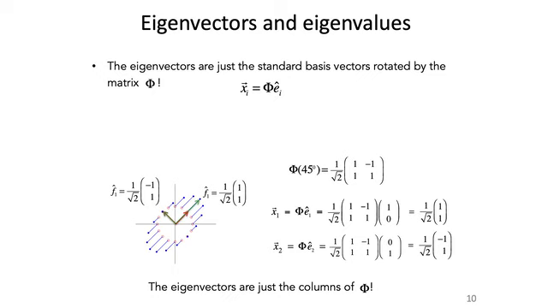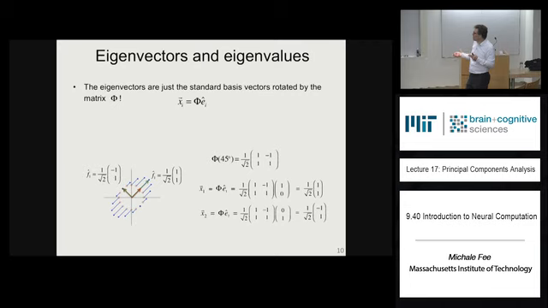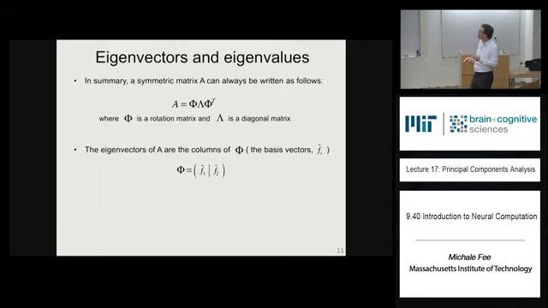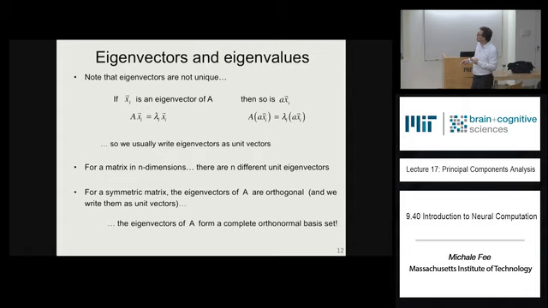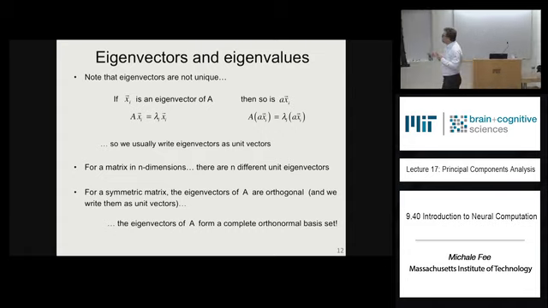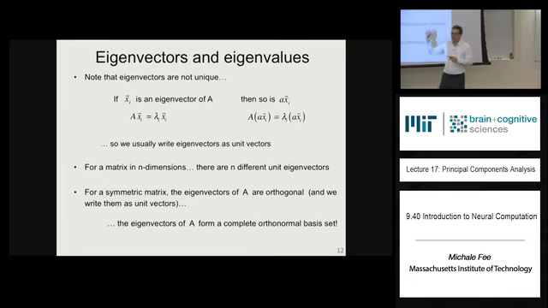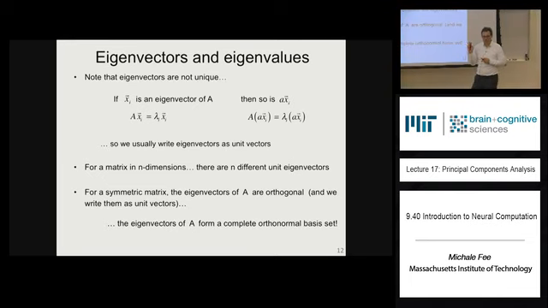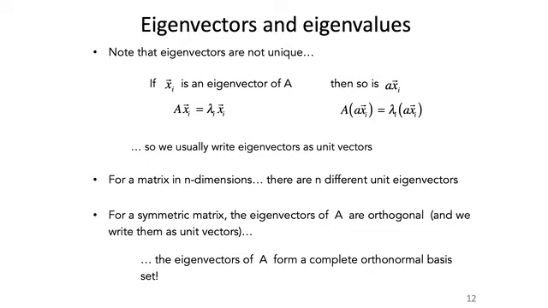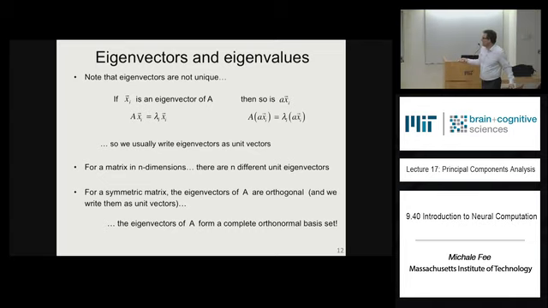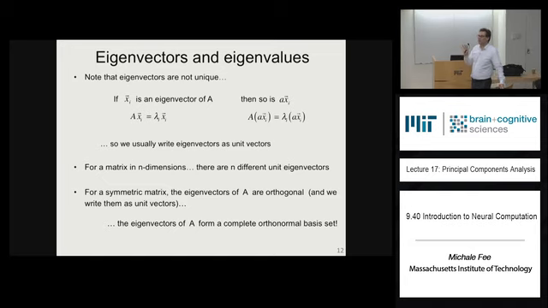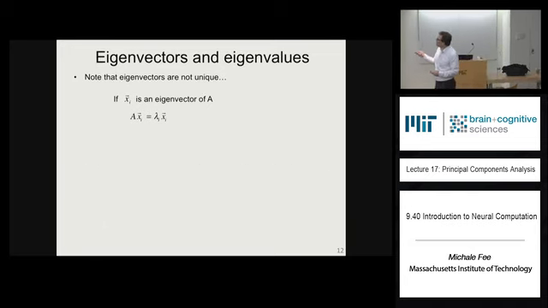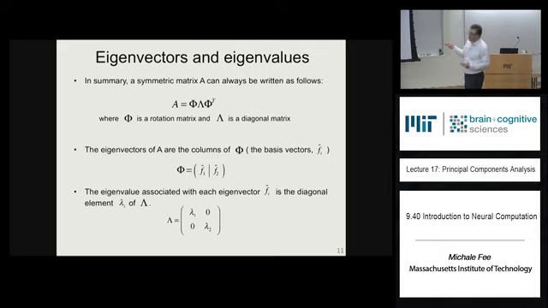There are two unit eigenvectors, one in this direction and one in that direction. And notice that because the eigenvectors are the columns of this rotation matrix, the eigenvectors form a complete orthonormal basis set. That statement is true only for symmetric matrices that are constructed like this.